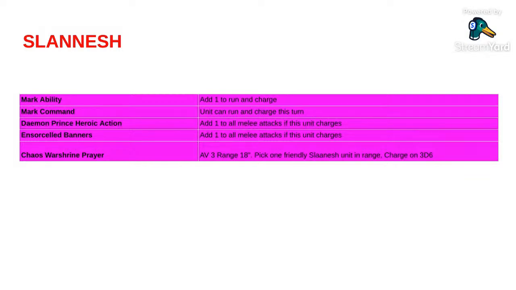The mark gives them +1 to run and charge. The command ability lets them run and charge. You can give them the banner to get extra attacks when they charge, and then the War Shrine Prayer, and also a spell that lets you charge on 3d6.